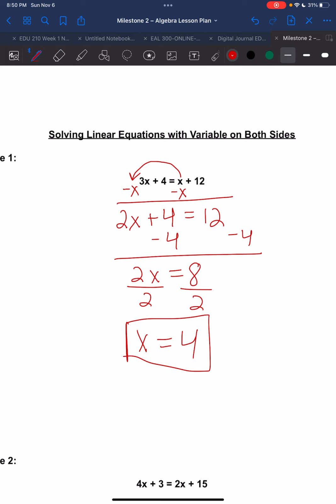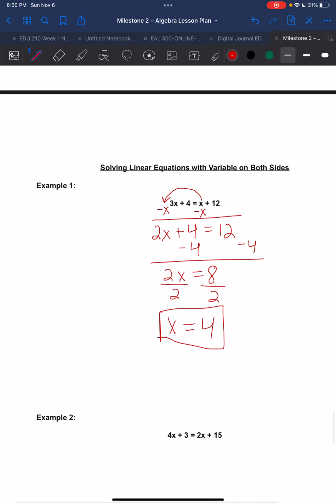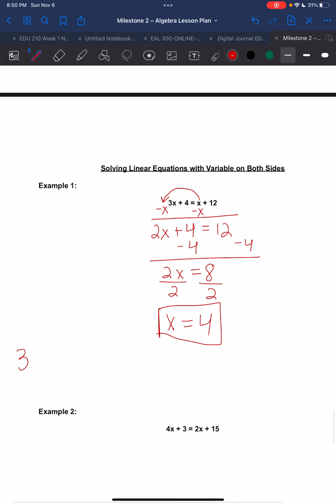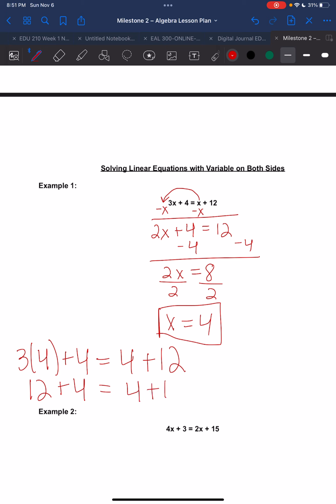Now in this problem, I can also go ahead and check my work by plugging it in. If I was to plug in my value for x, my problem would look something like this. 3 times 4, because we know that x is equal to 4, plus 4 equals 4 plus 12. 3 times 4 is 12, plus 4 is equal to 4 plus 12.